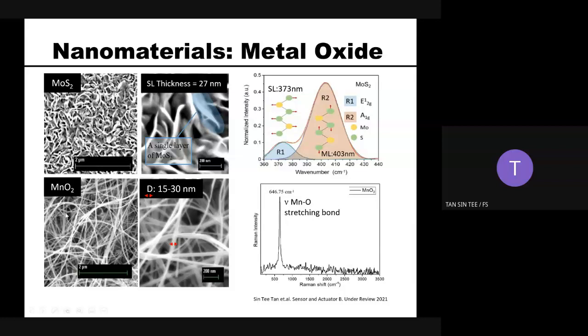The MnO2 formed in our lab is always flexible and has a micrometer long range with a diameter of 15 to 30 nanometers. From here, we also use Raman analysis to study the stretching bond of the MnO toward its primary group of the MnO6 bond. What we can observe from here is that we get a very well crystallized MnO2 structure.